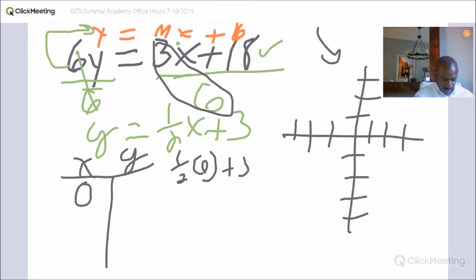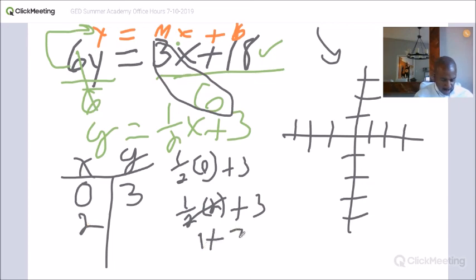That just leaves me 3. So when x equals 0, y equals 3. And then the next point I want to try is 2, because then that 2 will cancel out. That gives me 1. So when x is 2, that leaves me 1 plus 3, and so y equals 4. So now I have 2 points.